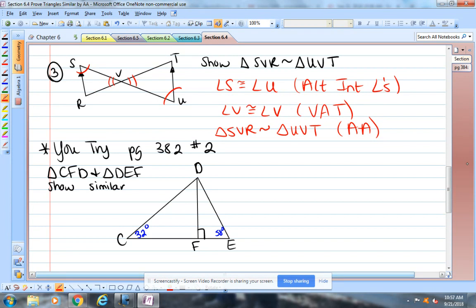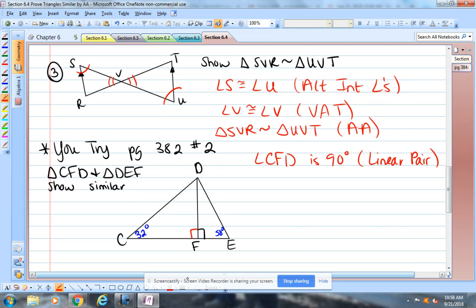So that's why I know angle CFD, you can't just say because it's beside it. You have to know, that would be the real reason. CFD is 90 degrees because it's a linear pair with another 90 degree angle. So this one's 90. Give me another angle measure I can do.